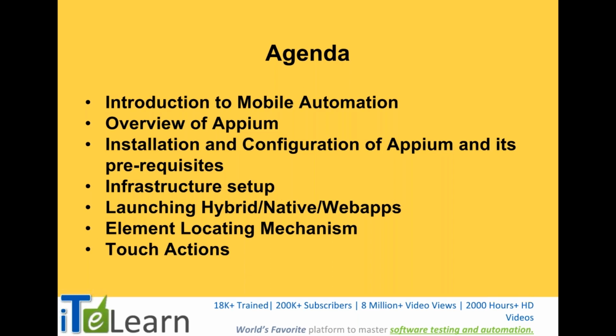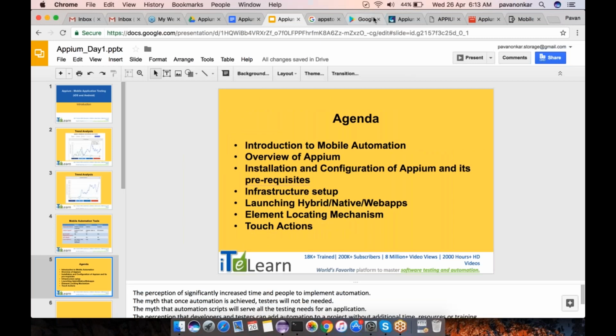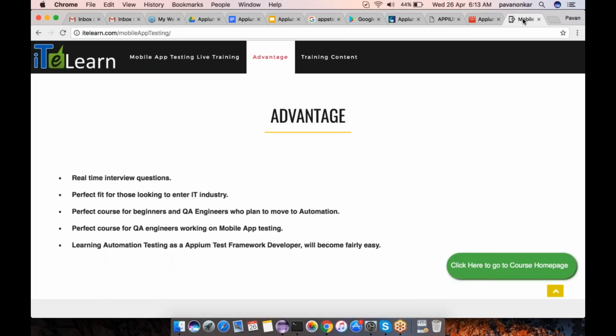Okay, so I will start my sessions first with the Android platform, and then after the first half of the course, I will start with the iOS part, right? So if you see here, I have listed down, I hope everyone has gone through this page.